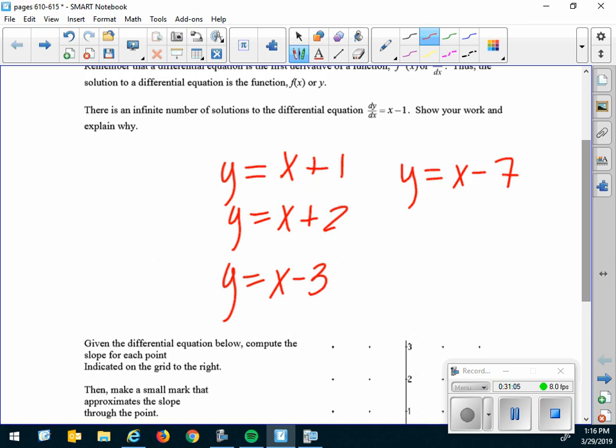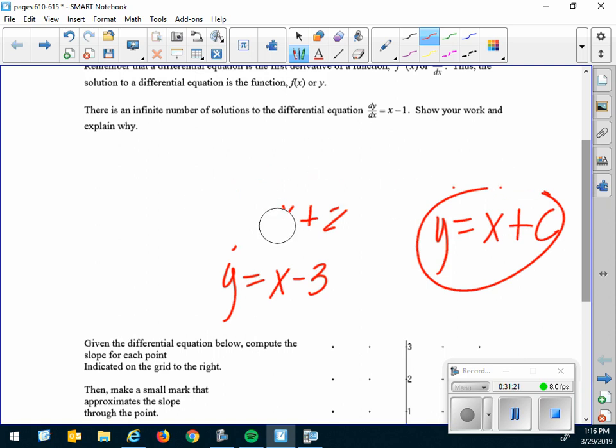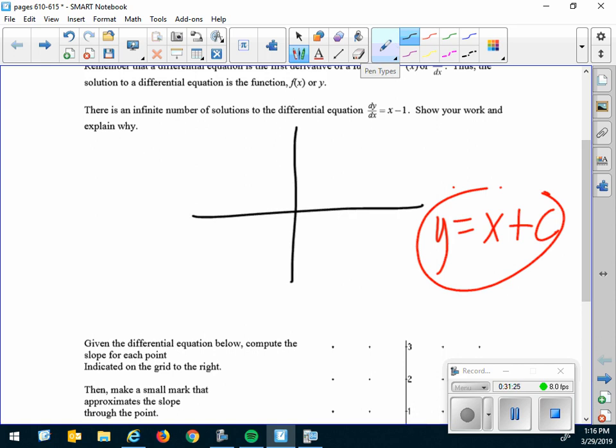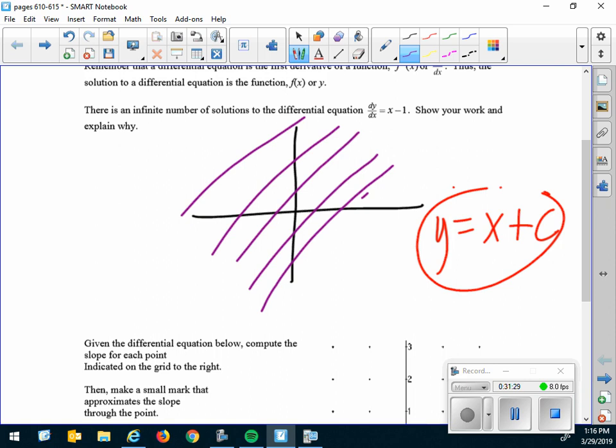So if I wrote something like this, how many solutions are there to that? An infinite number, right? They are parallel. If I drew them all, you know what they would look like. Right? Okay.